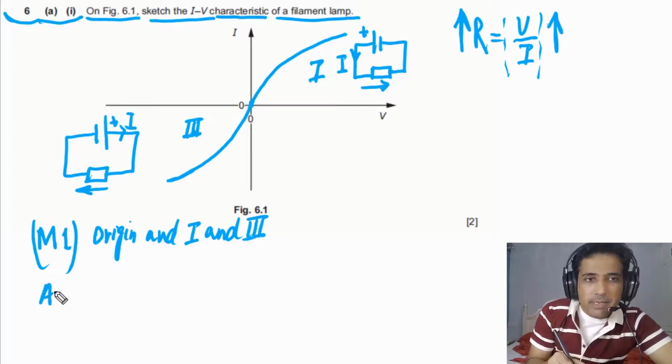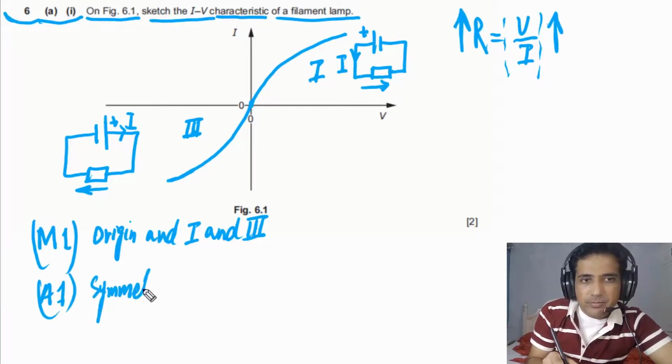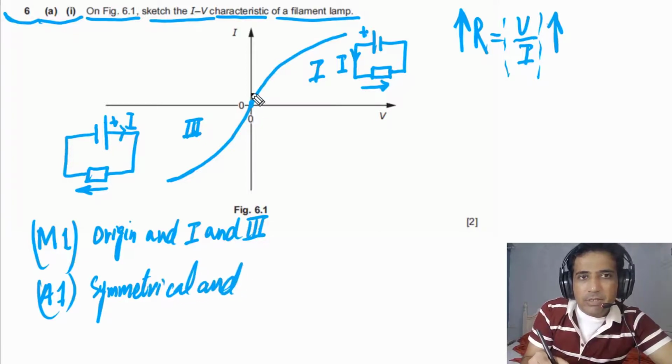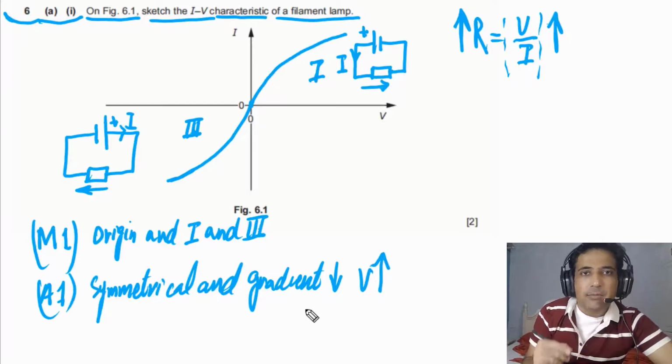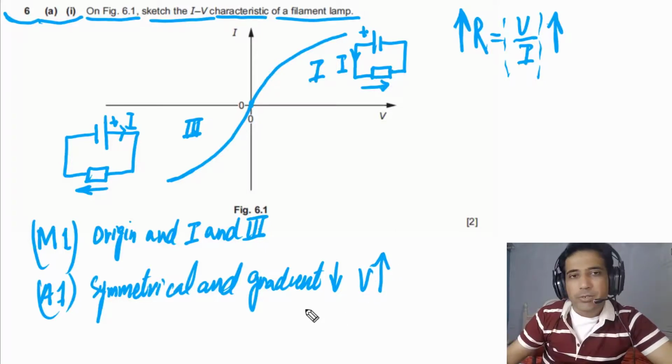And the second mark is the answer mark. If this curve is symmetrical and the gradient is decreasing with increase in V, you will get the second mark. This is how marks will be awarded for this question.